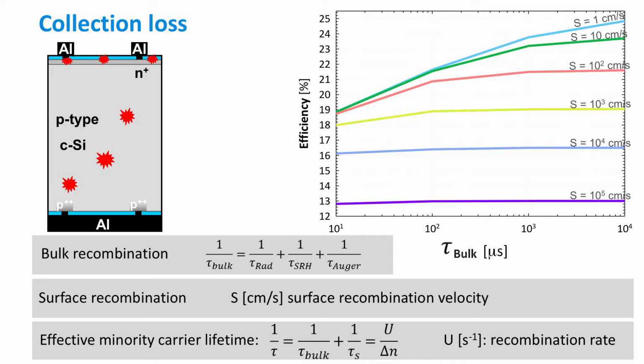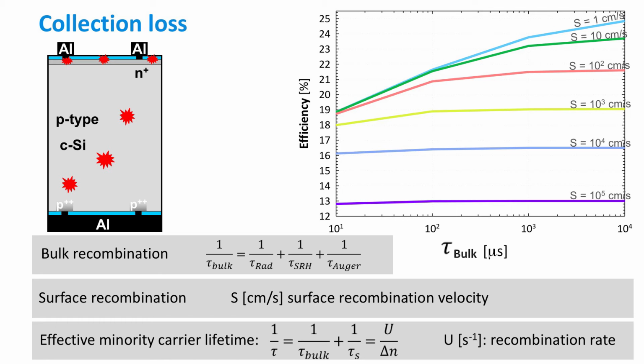The figure presents the efficiency of a solar cell as a function of bulk minority carrier lifetime and the surface recombination velocity. The highest efficiency is obtained at a high bulk minority carrier lifetime and low surface recombination velocity.